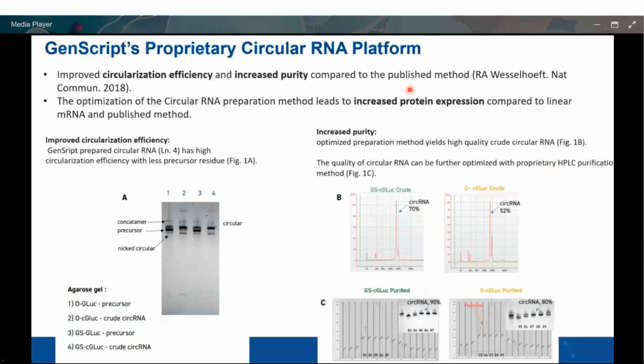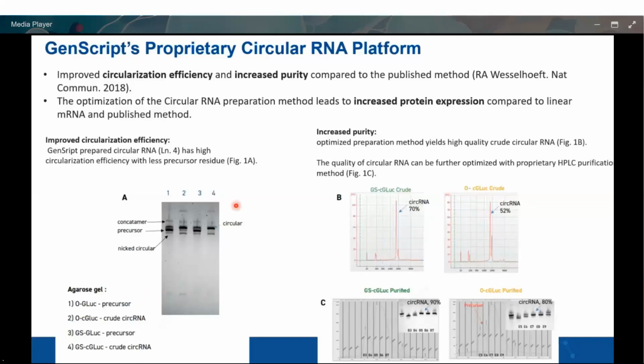Compared with the published method of producing circular RNA, GenScript has our own proprietary circular RNA production platform, and this platform shows improved circularization efficacy and also increased purity.